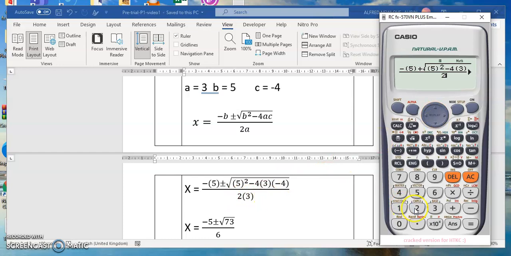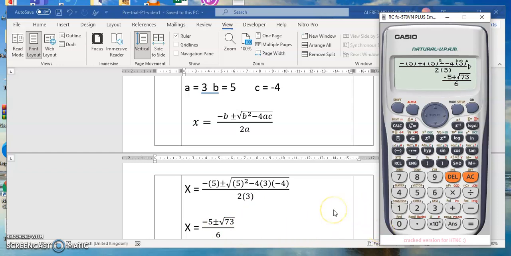So 2, bracket, 3. Close the bracket. Press equal. You see that you are going to have this for the plus. Because it is plus or minus, just bring the minus there. You get a full mark there. You have mark for substitution. You get a full mark most of the time. The discriminant, which is 73, you have mark there. So write a plus or minus is fine.